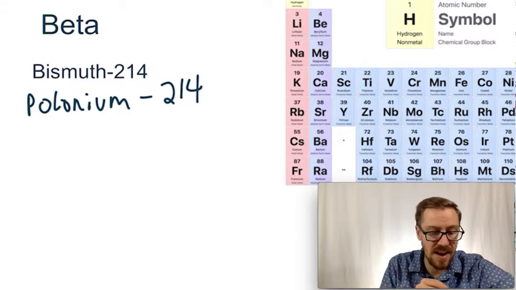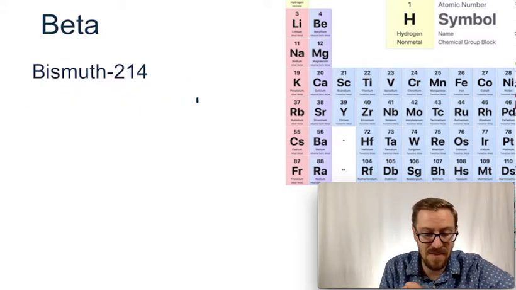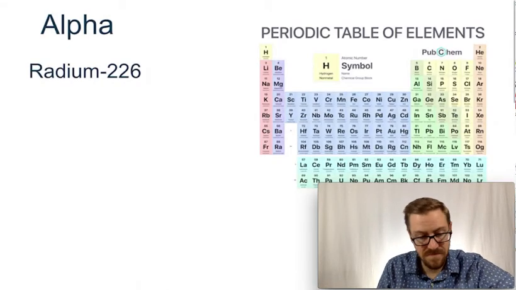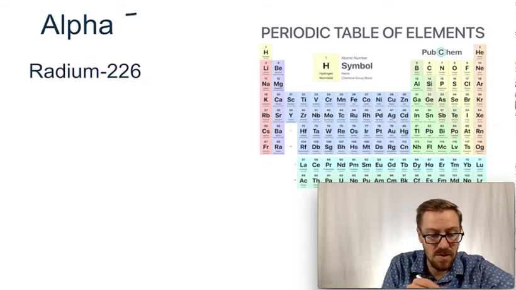Now the other kind of decay that can happen is alpha decay. So if I ask you about alpha decay, in alpha decay, you lose 2 protons and you lose 2 neutrons.